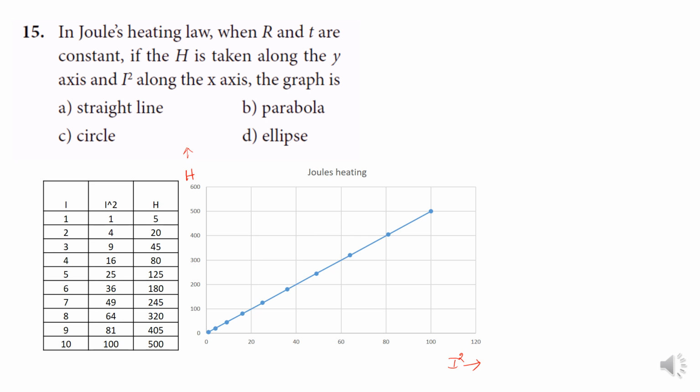To make you understand clearly, you can vary current I from 1 to 10. What you have here is I square, just square this number. And we know from Joule's heating law, H is equal to I square R into T. R and T are given as constant.